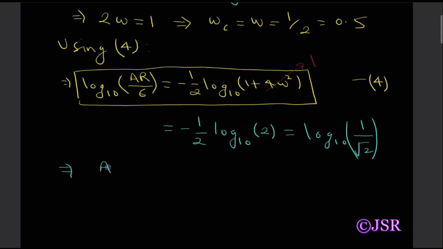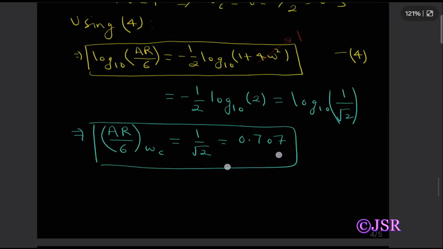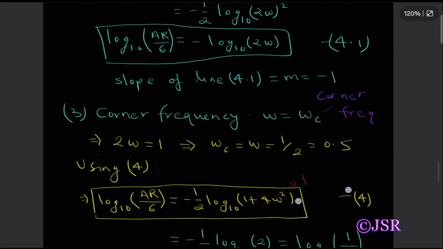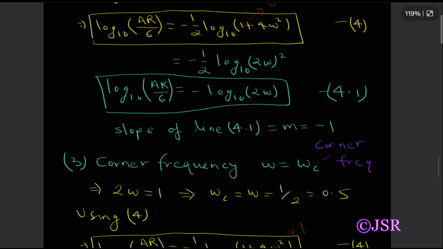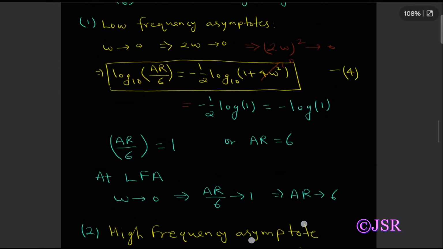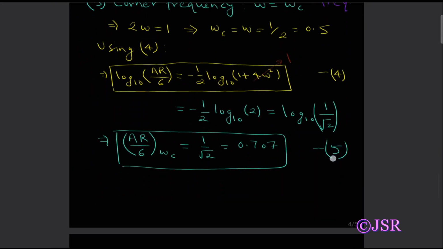So therefore AR by K at omega c will be equal to 1 by root 2, and that will be equal to 0.707. So this is equation number, let's say 5.